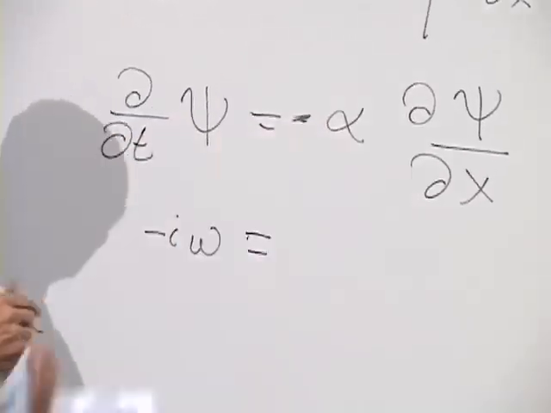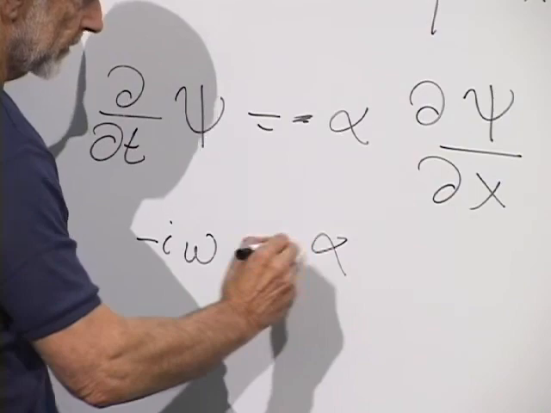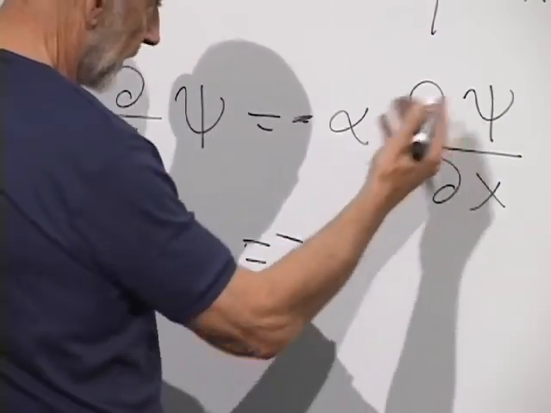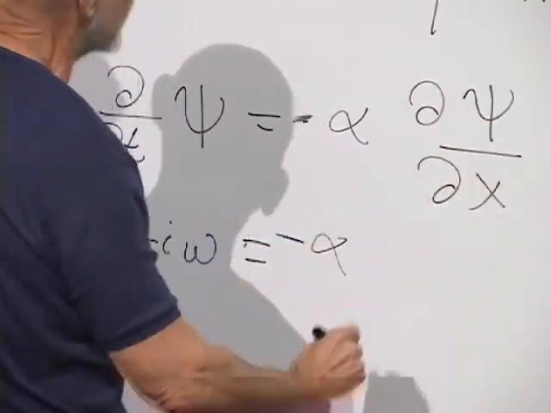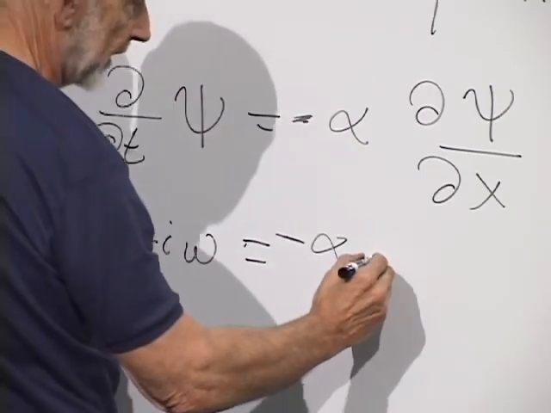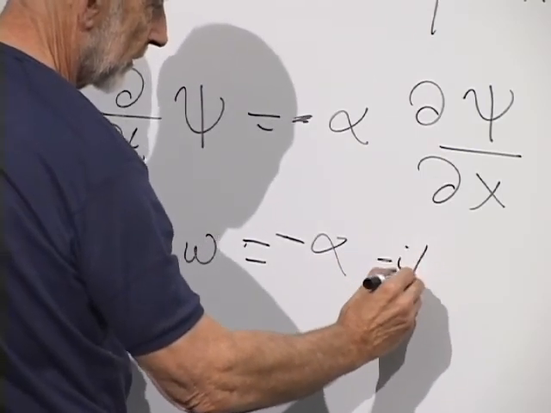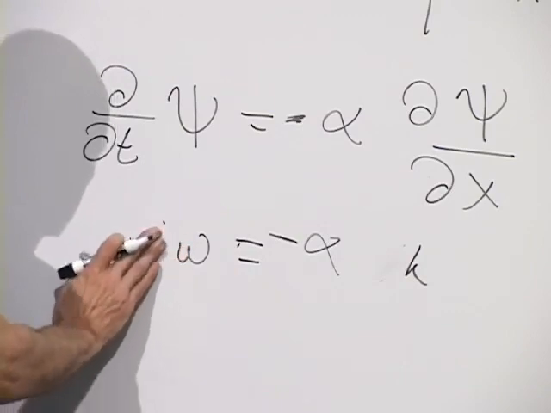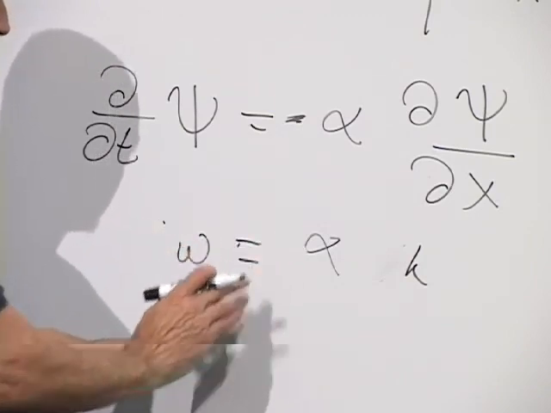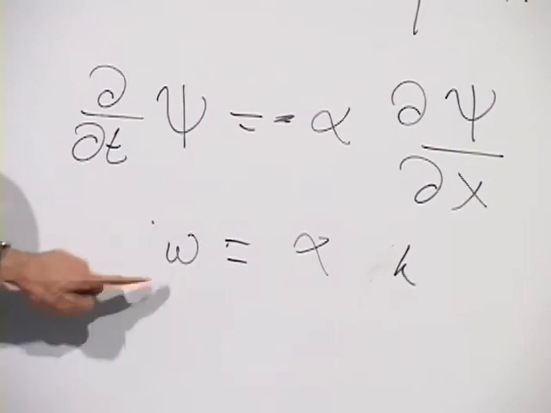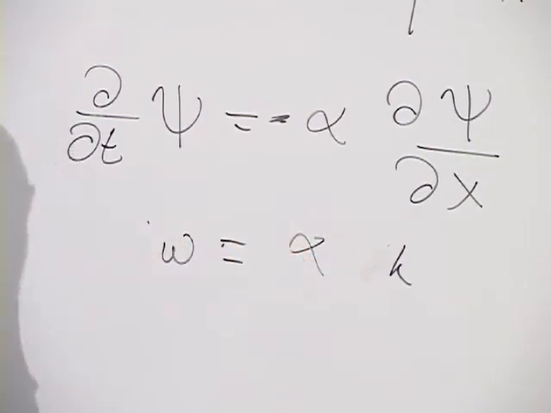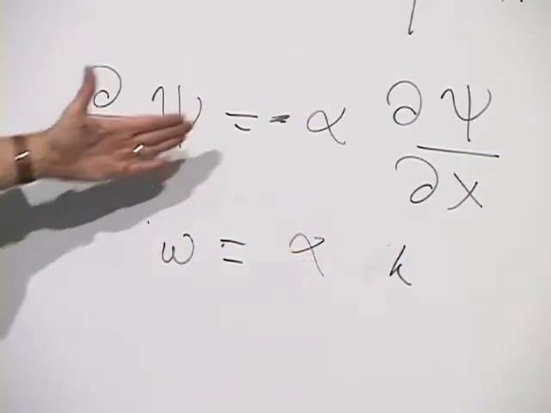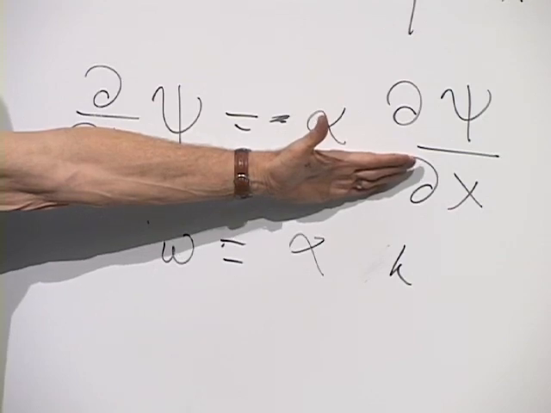That, according to this equation, is minus alpha. Now, what does d by dx give? It gives minus ik. Well, canceling out the i's and the minus signs, it says this odd equation that omega is equal to alpha k. Now, this is just shorthand for this relationship here.